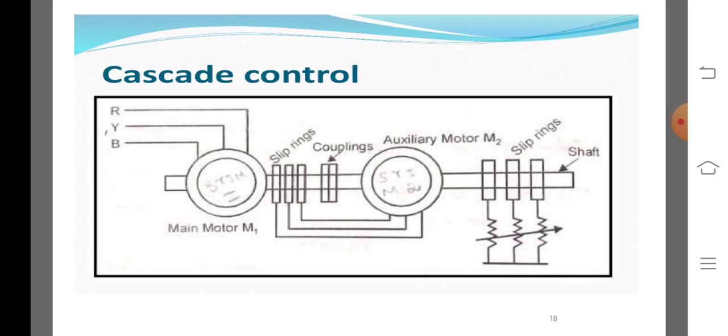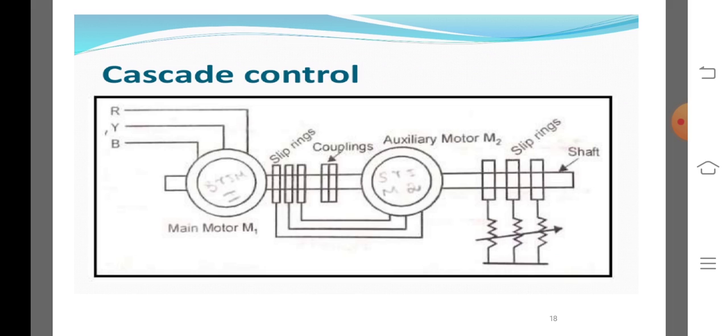The stator winding of the first main motor is connected to the mains in the usual way, while that of the second stator is fed from the rotor winding of the first. Then the first motor must necessarily be a slip ring motor, and the second one may be either a squirrel cage motor or a slip ring motor. Okay, good.